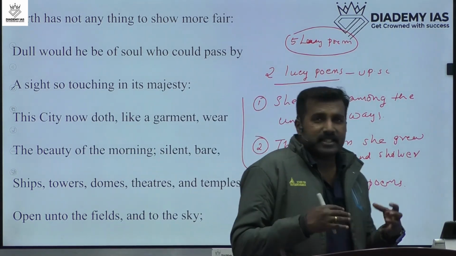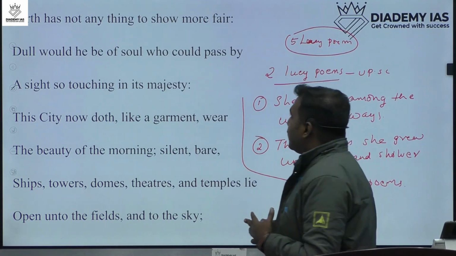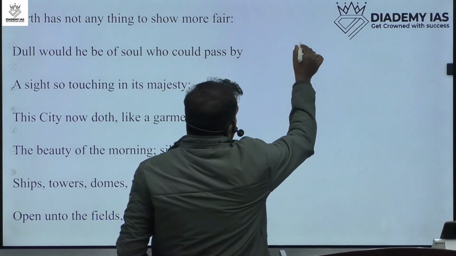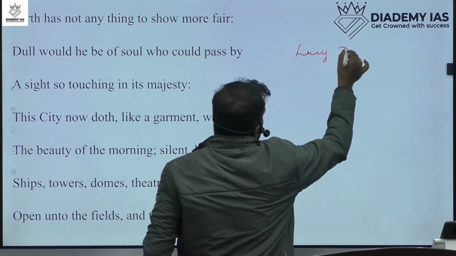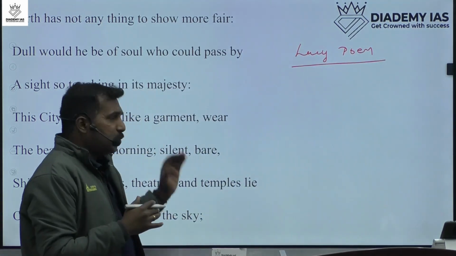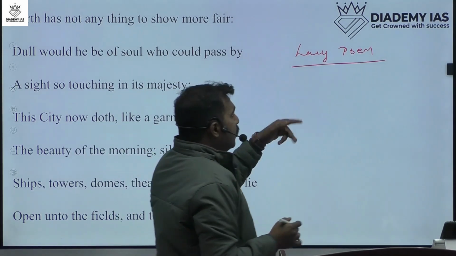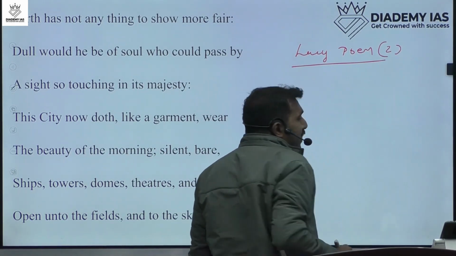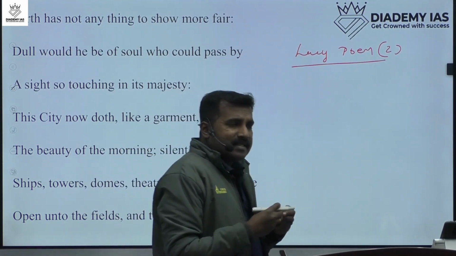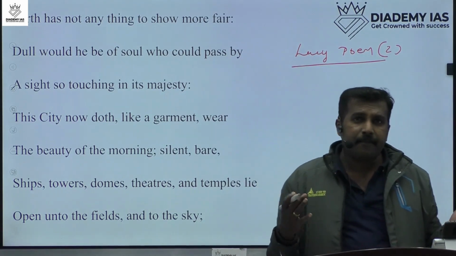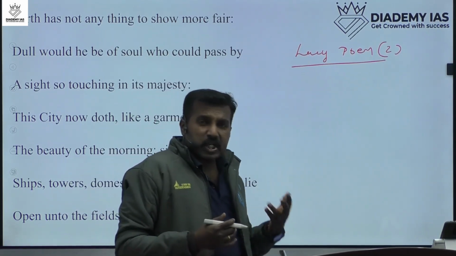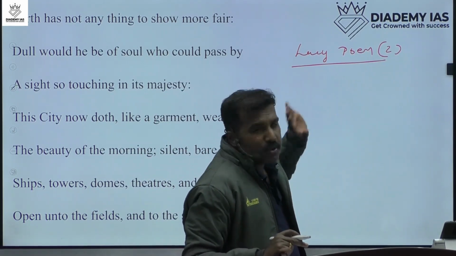We already explained the features of the Lucy poems, so we can give a comparative analysis of these two types of poems in the syllabus. In a general way, we can say that these two Lucy poems include some common themes. Which are the common themes Wordsworth used in these two Lucy poems?